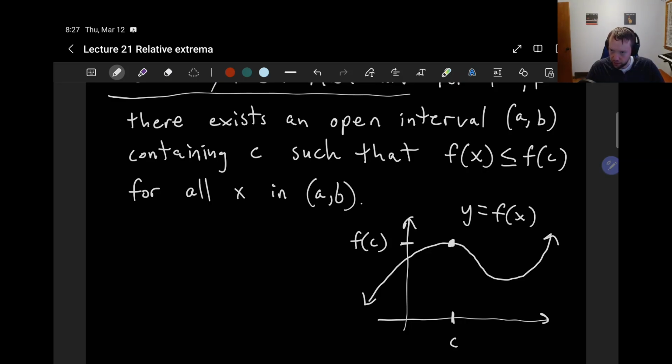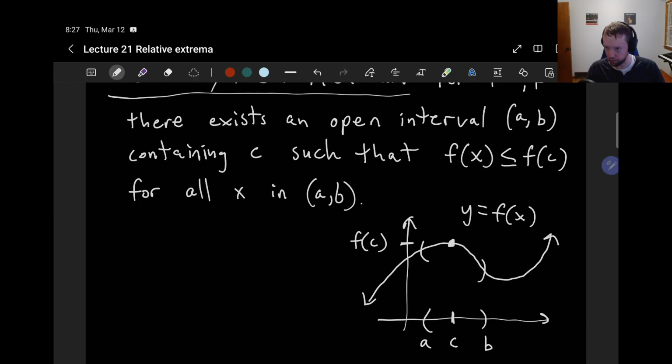So that y value is a local maximum or a relative maximum because I can take an interval which contains c in it, from a to b, and we'll look at that. This is the highest y value inside that interval.